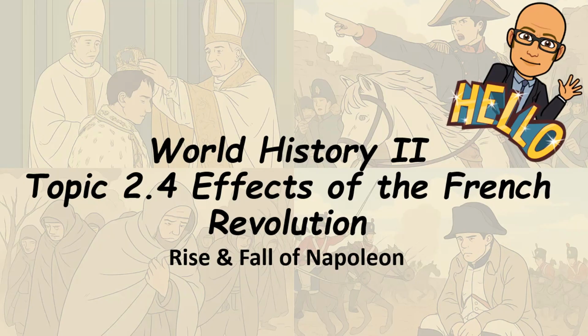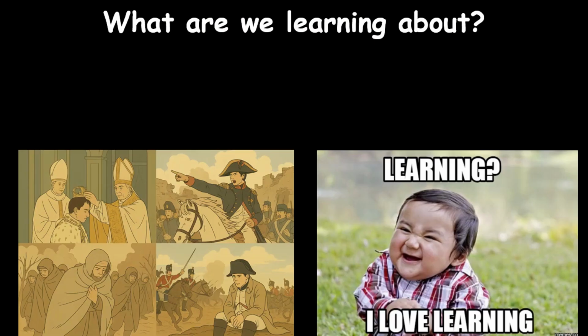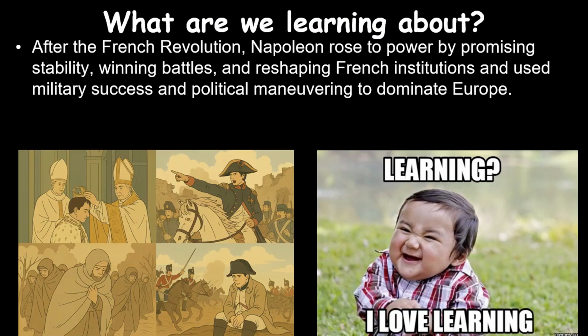But spoiler alert, it doesn't end with him chilling on a throne. We're about to see how one man's ambition, military glow-up, and eventual downfall shaped the entire map of Europe and left behind a legacy even TikTok couldn't cancel. Let's get into it. Let's get this bread, or in Napoleon's case, let's get this empire.